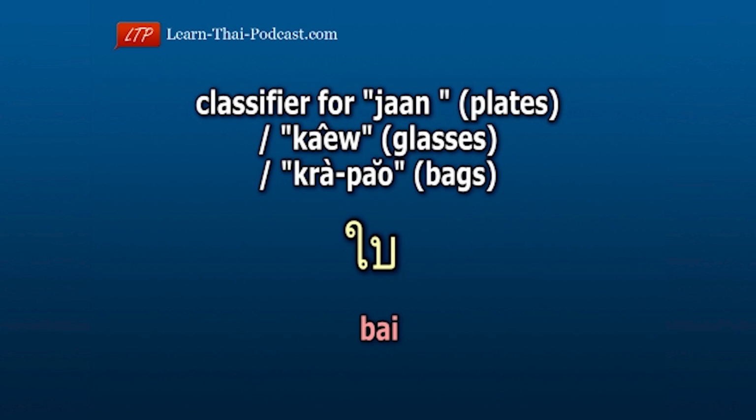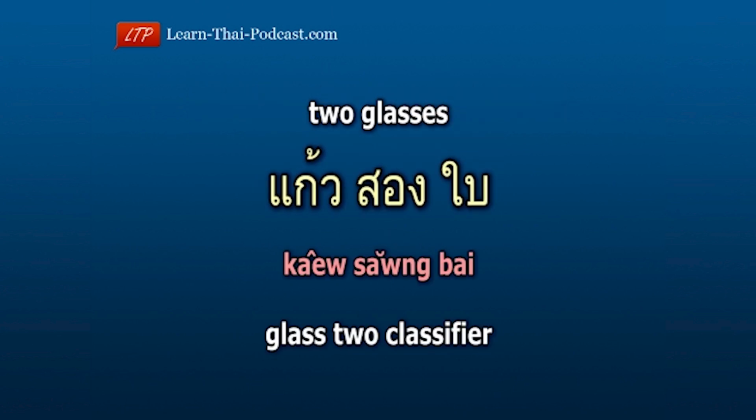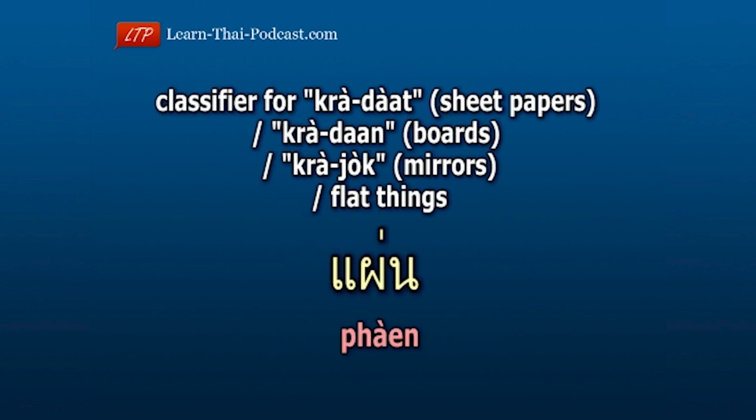Here's the classifier for plates, จาน glasses, แก้ว or bags, กระเป๋า and the classifier is ใบ. Again as an example, 2 glasses would be แก้วสองใบ. The next classifier is used together with all sorts of flat things, such as sheet paper, กระดาษ or boards, กระดาน or a mirror. กระจก The classifier for these words is แผ่น.